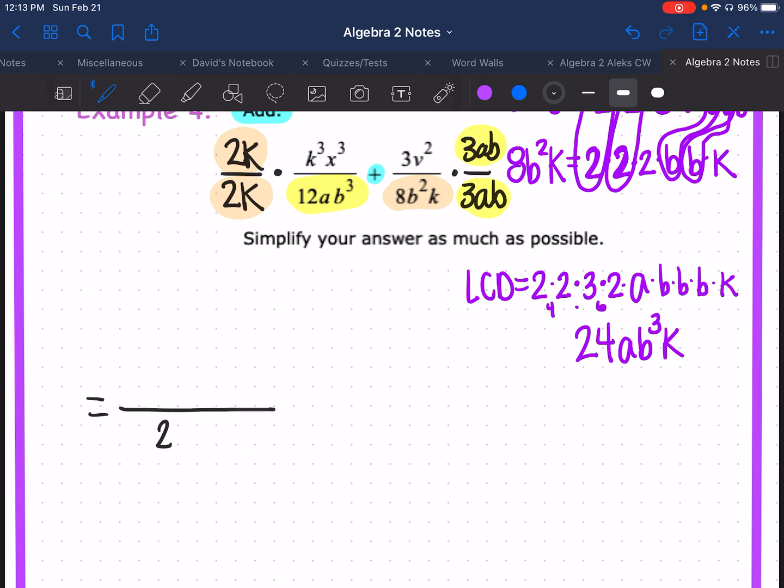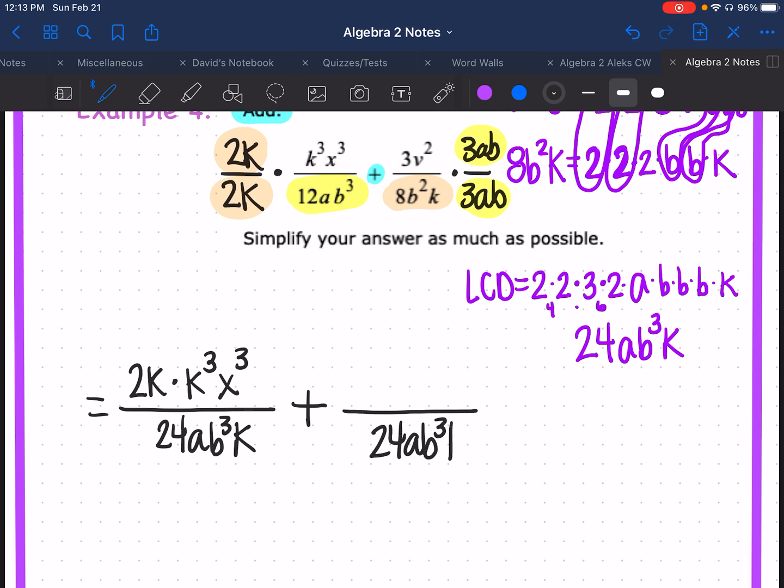So I'm going to have 24AB to the third, K on the bottom, and on the top I'm going to have 2K times K to the third, X to the third. Plus, we finally get to do a plus. I have my 24AB to the third, K on the bottom, 3V squared times 3AB.